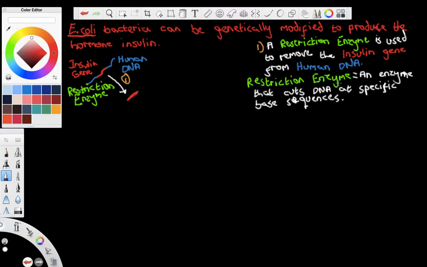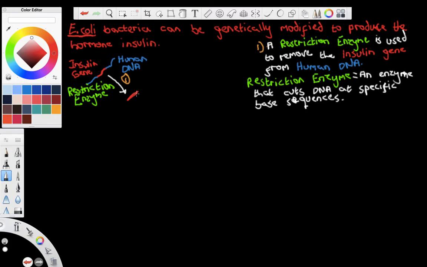So, for example, you can get a restriction enzyme that will cut the DNA wherever there is an ACCC. Okay? So if we know that at one end of the insulin gene there is an ACCC, and at the other end of the gene there is an ACCC, we can use that restriction enzyme to cut the DNA so that the insulin gene can be removed. Okay? There are millions of different restriction enzymes which allow us to cut DNA at specific points.